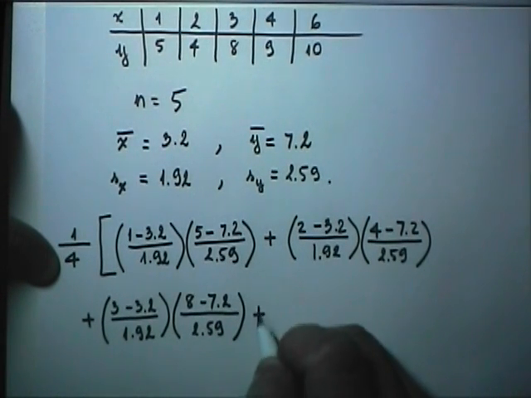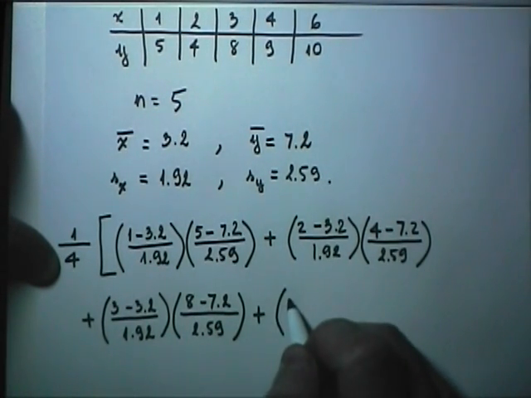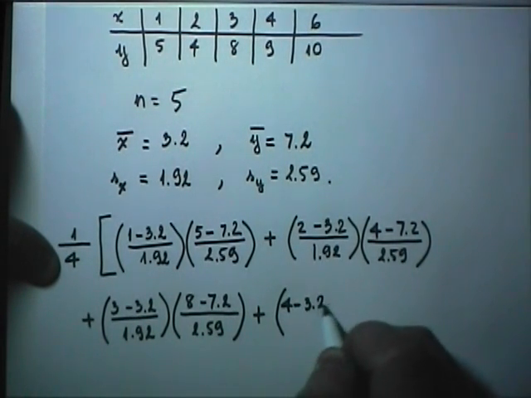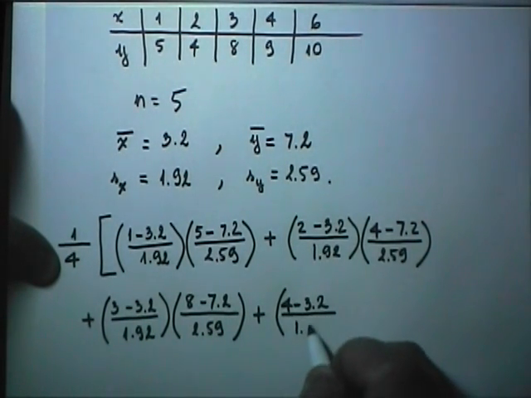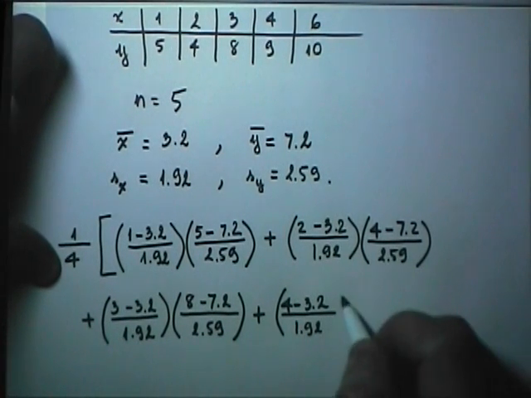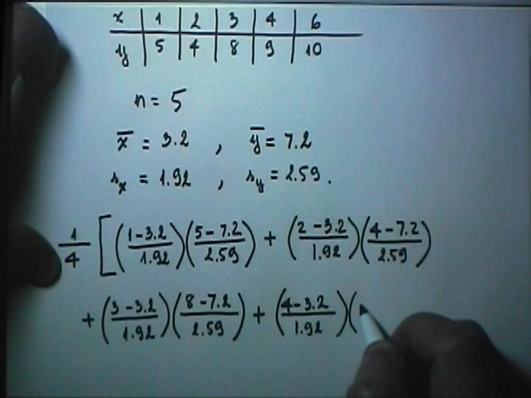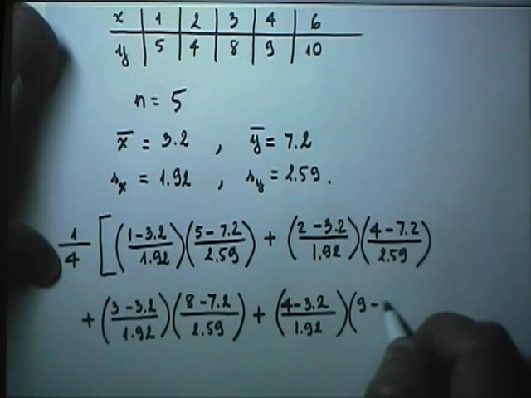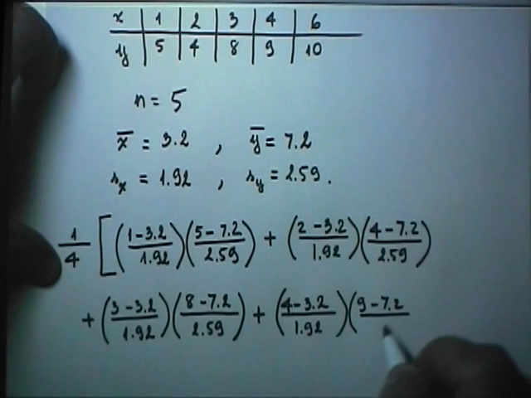And I'm going to add 4 minus 3.2 again divided by 1.92, and then 9 for y minus 7.2 divided by 2.59.